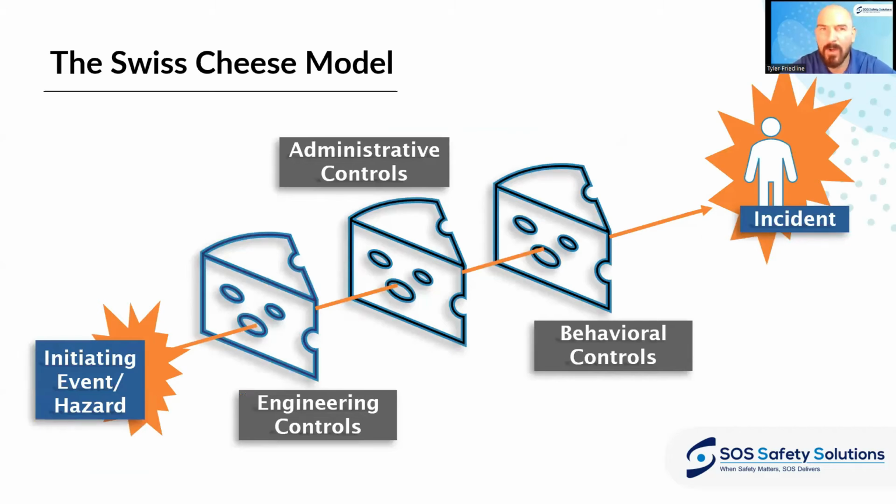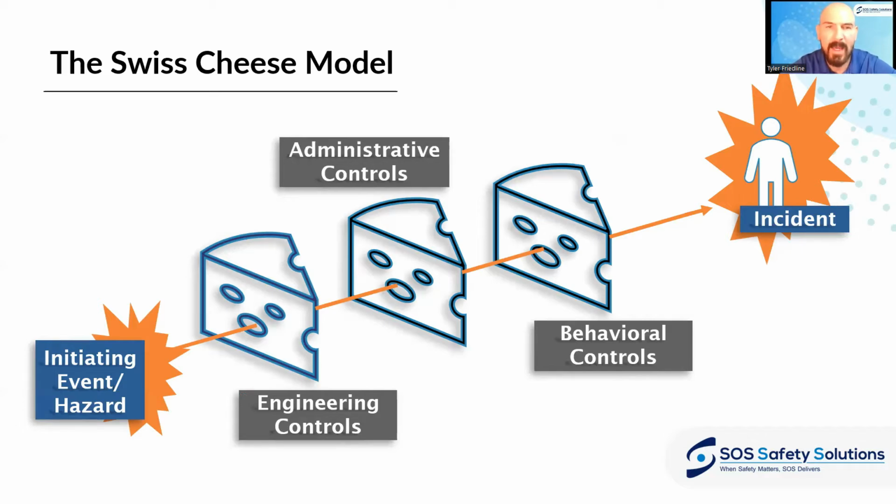Another safety 101 thing that I want you to understand is the Swiss cheese model of incidents. So what this says is there's an initiating event or hazard, and you have your engineering controls, such as machine guarding in place. You have your administrative controls, which are your policies and procedures. And then you have your behavioral controls and culture, right?